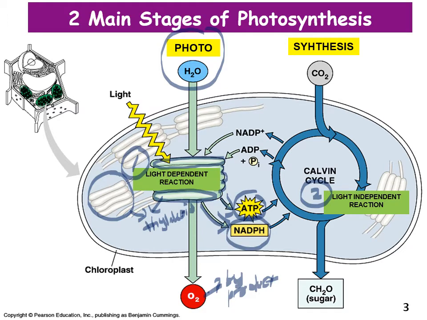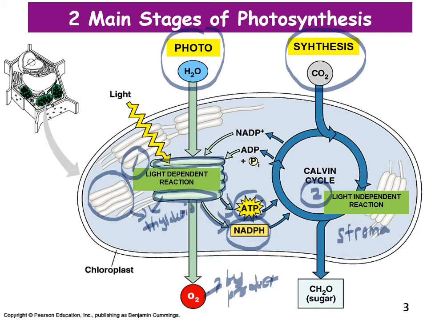While for the light independent reaction, it occurs in the stroma of the chloroplast. So this is the structure of stroma. The light blue is the stroma of the chloroplast, where carbon dioxide is used. From the term photosynthesis, photo is used in the light dependent reaction, and synthesis means the carbon dioxide is used to synthesize or build up the sugar.